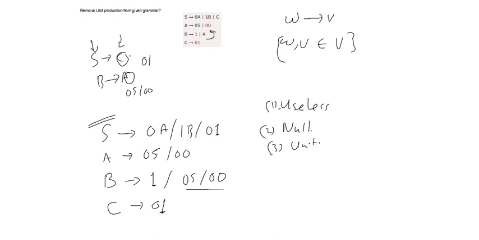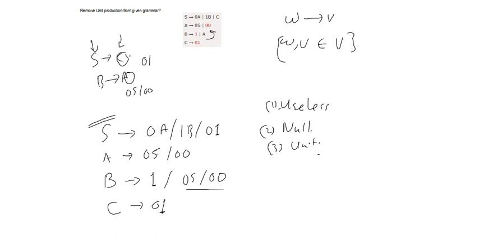All three removal processes should be applied to the complete grammar. Until the grammar is free from useless symbols, you have to continue the removal. Until all the null productions are removed, you have to do the null production removal step. And until all the unit productions are removed, you have to do the third step.